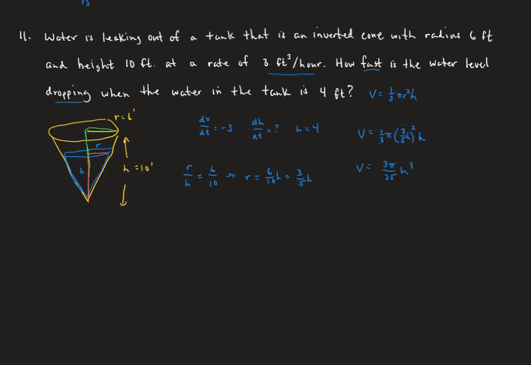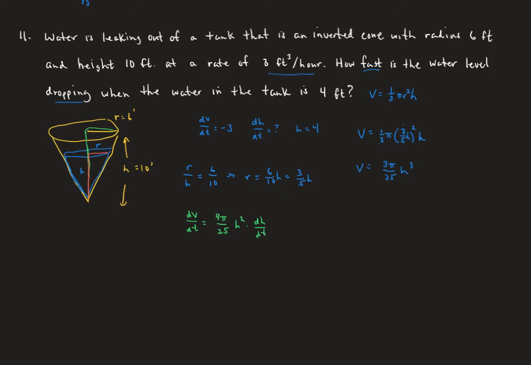Now we can differentiate with respect to t. So we'll get dV/dt is going to be, the 3 is going to multiply that 3 pi over 25 and become 9 pi over 25 h squared times dh/dt, the derivative of that height.